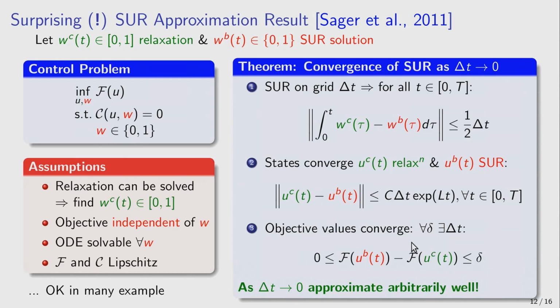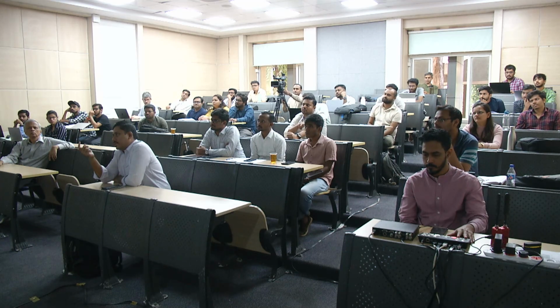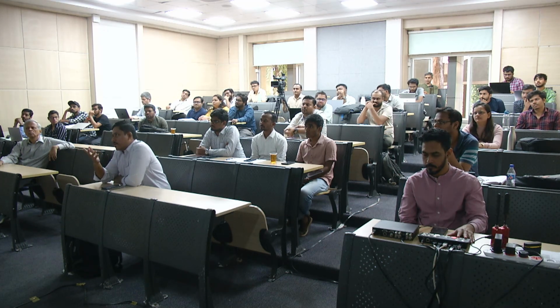And so I can approximate the solution of my continuous relaxation arbitrarily well with my binary solution. That's what this is saying. So for every approximation error delta that I want, I can find a time step delta t that gets me within that distance.